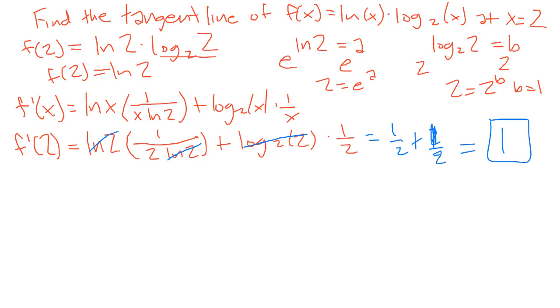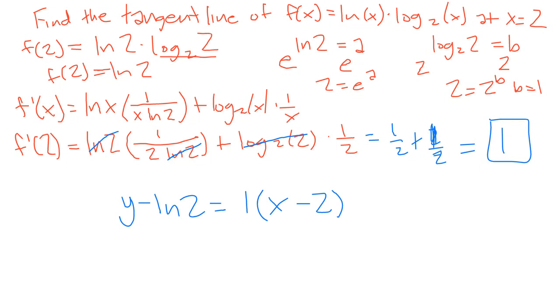So now that we know our slope and our point, we can just plug this into our point slope and say that we have y minus our y naught, which we already said was natural log of 2, equals m, which we already said was 1, times x minus our x naught, which is 2.